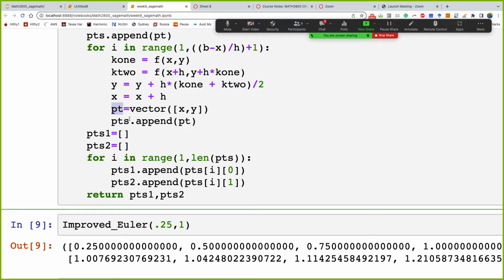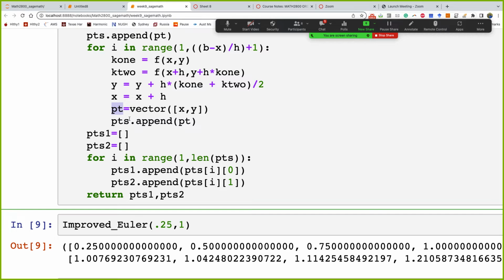Okay? For i in range of the length of pts, whatever it is, and since I was lazy to think about that, I just wrote length of pts. pts1, so the first row, 0. If it was MATLAB, I would write 1. Okay?